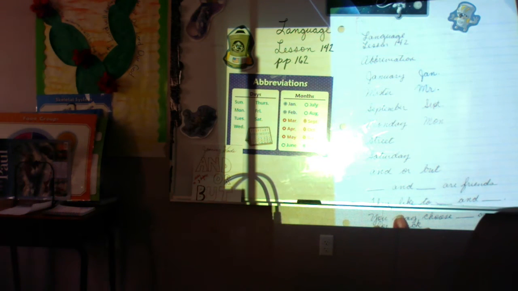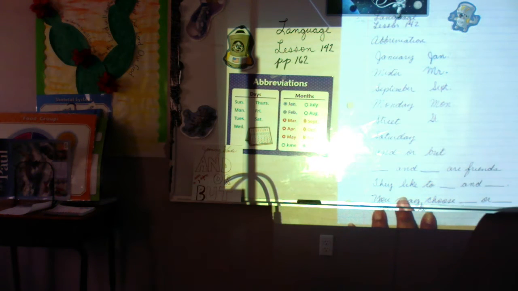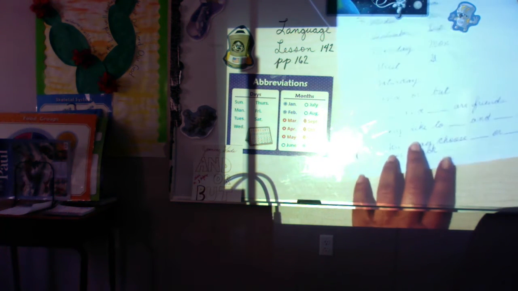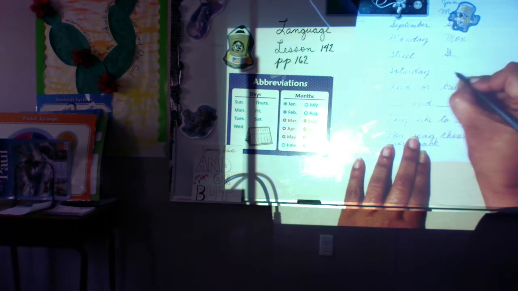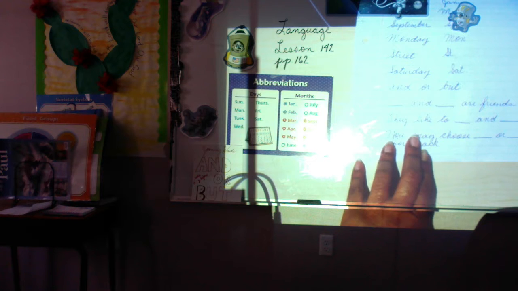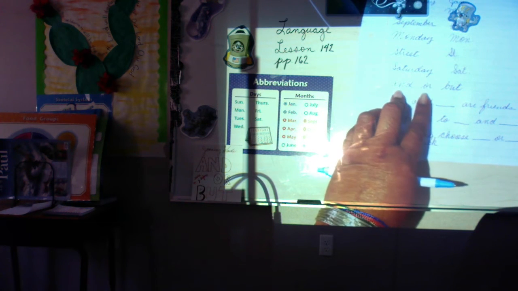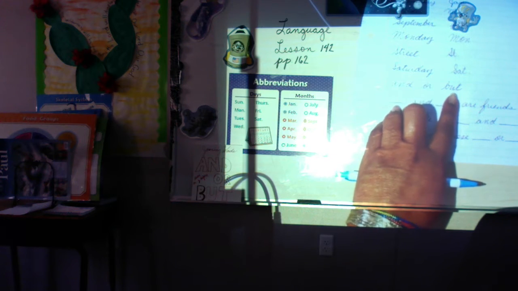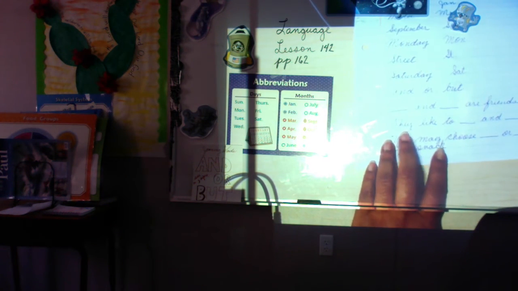MON for Monday. ST for street. SAT for Saturday. Now you're going to use and, or, but to finish or complete your sentences.